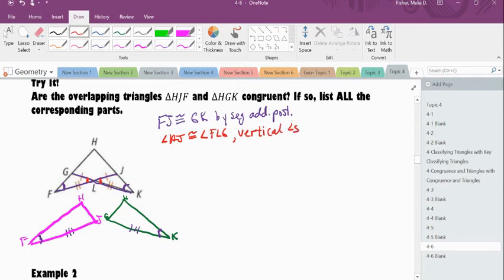So we know that these two little triangles are congruent by side-angle-side. So triangle GLF is congruent to triangle JLK, and that is by the side-angle-side congruency theorem.